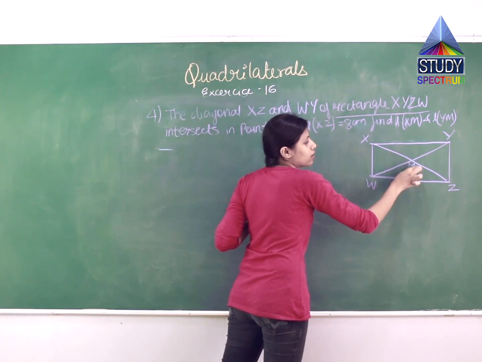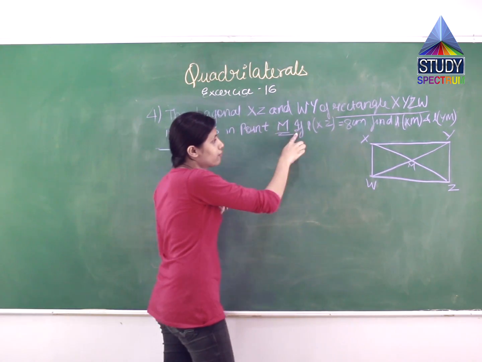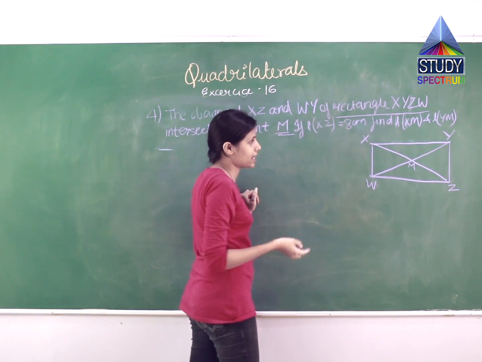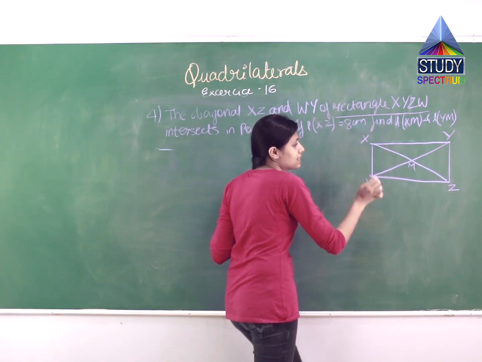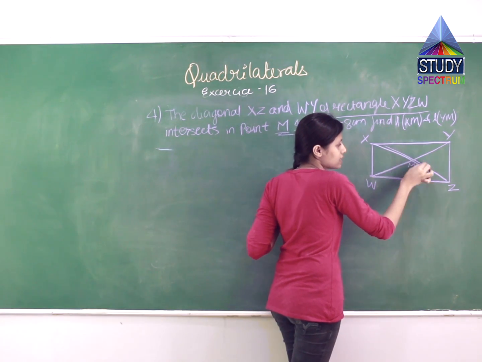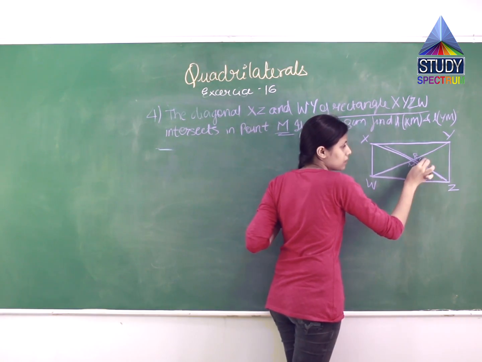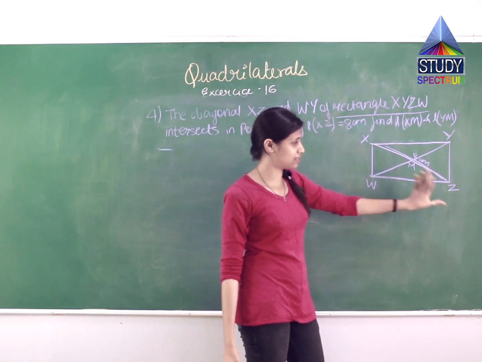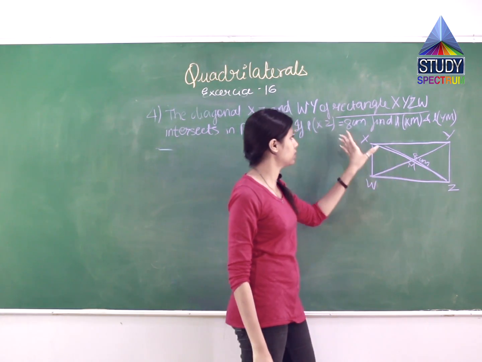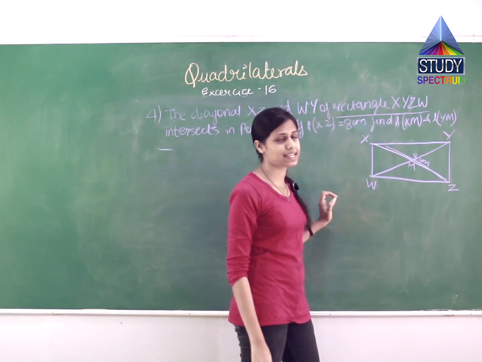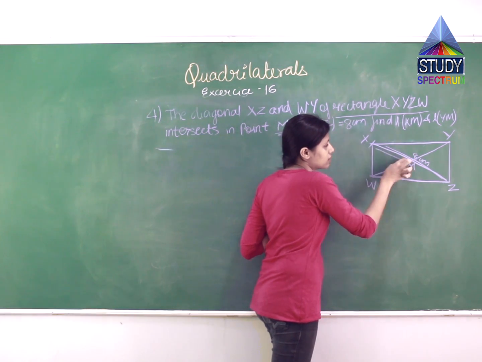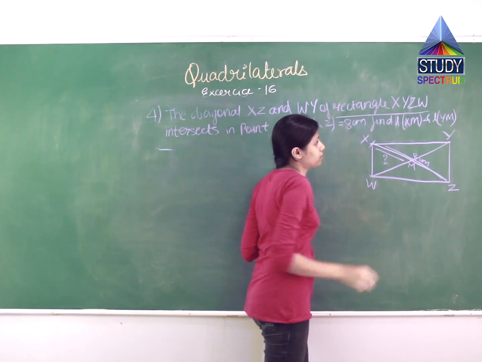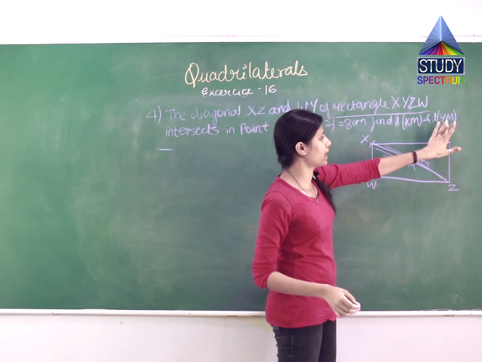If the length of XZ, where is X? This is X, this is Z. If this length is 8 centimeter, we have to write it like this, 8 centimeter. Means this XZ is of 8 centimeter. Find the length of XM. Where is X? X is over here, M is over here. This length they are asking. XM and YM. Where is Y?